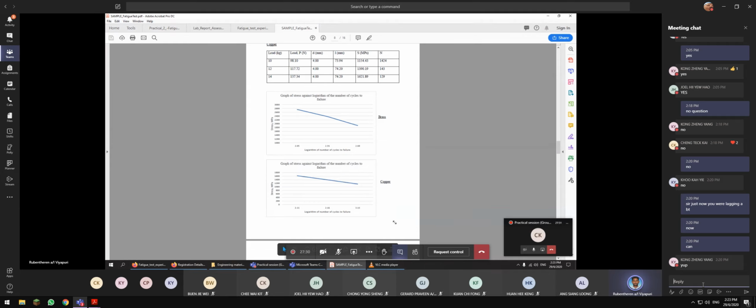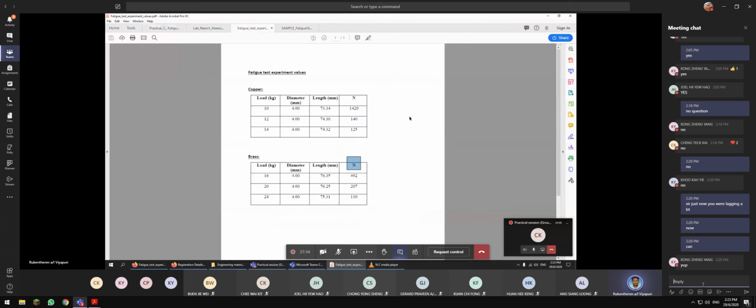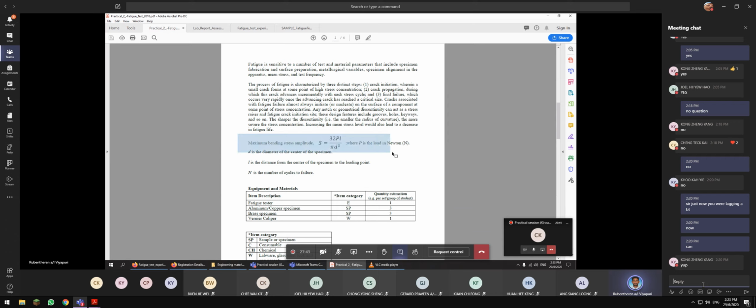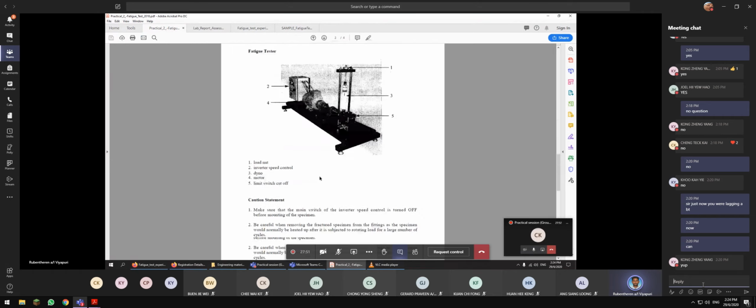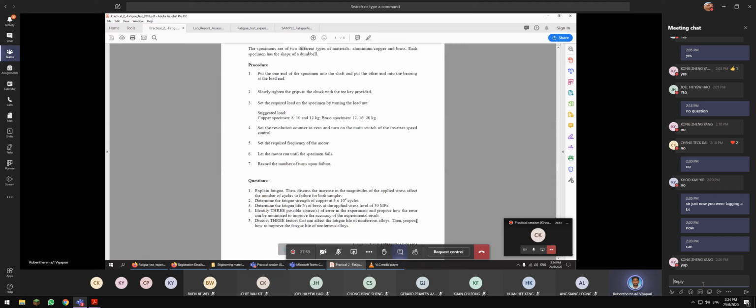So you need to log all your values of n so that you can plot a graph of stress. You need to find the stress, which is this maximum bending stress amplitude, over log number of cycles to failure. Then you can answer all the questions listed at the end of your lab sheet.